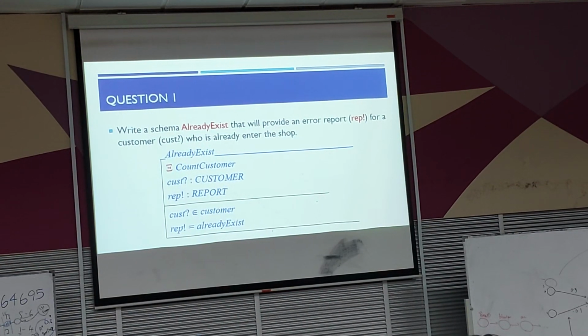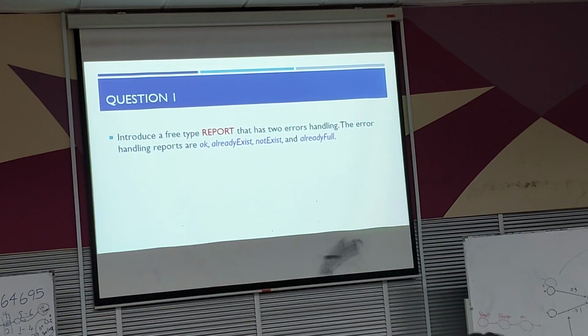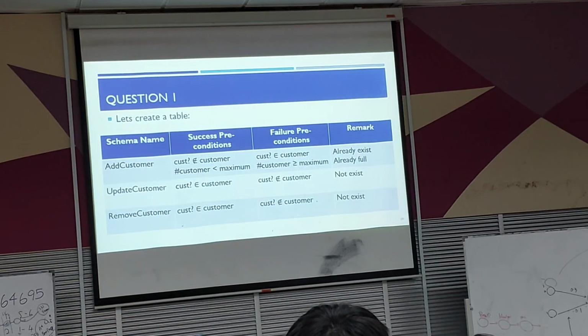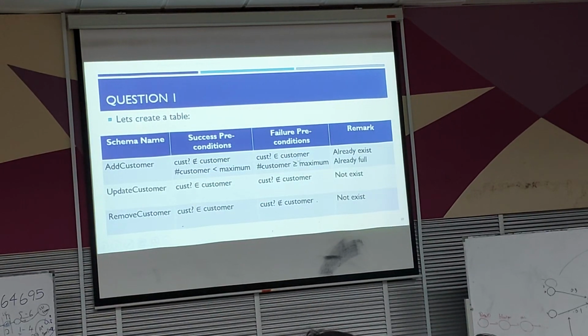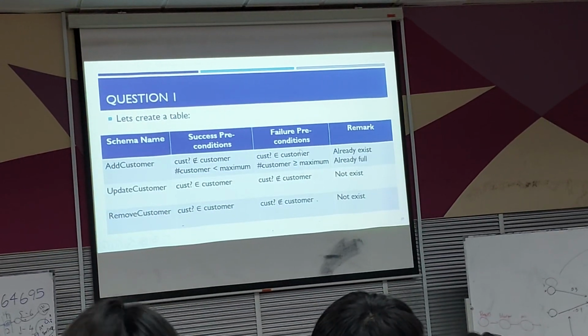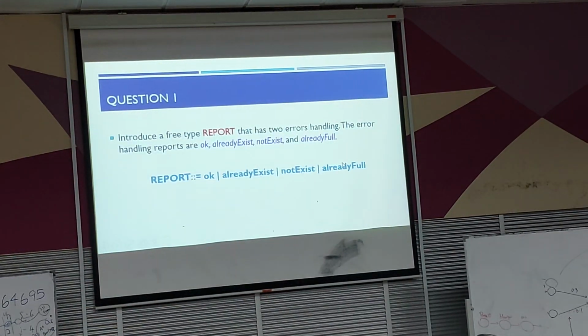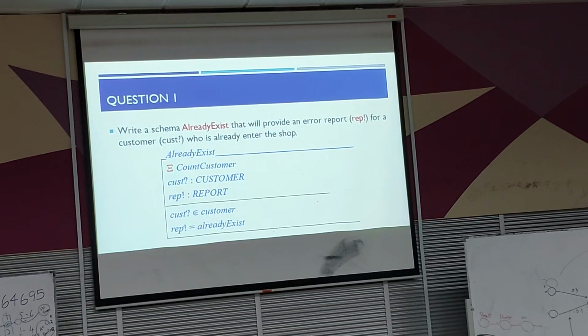my way of showing you step by step is you refer back to your table. Wait, this one, customer exists. This is a statement, right? Customer? is not a member of customer. This statement, so you copy this, put inside the predicate part here.